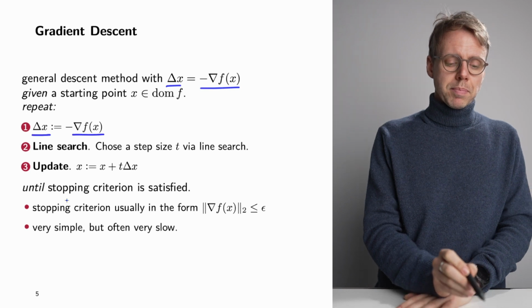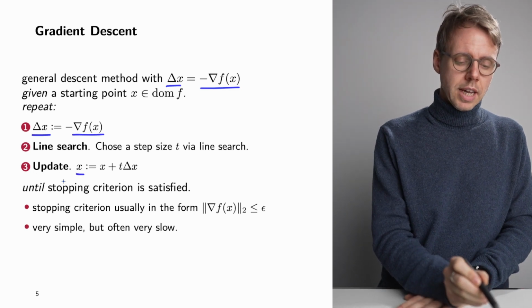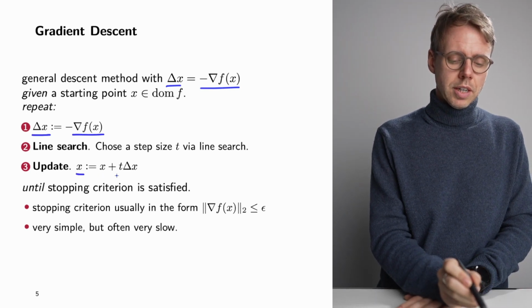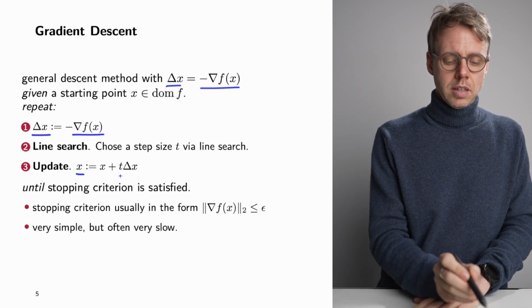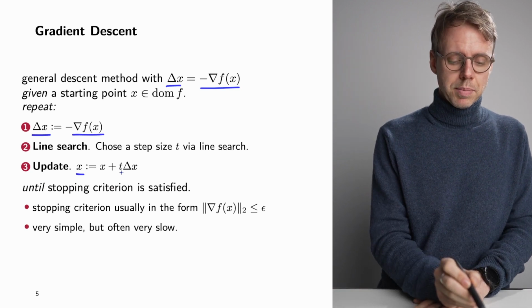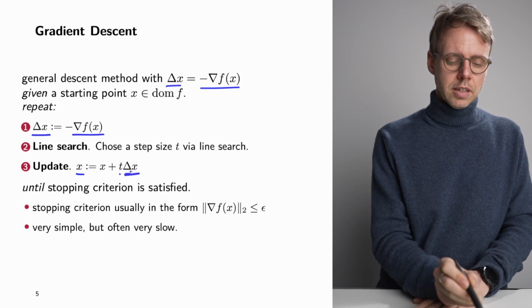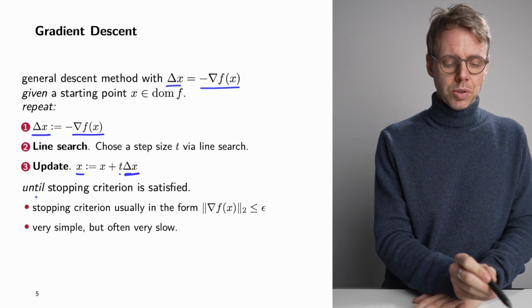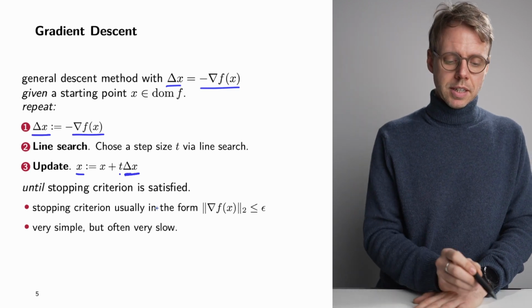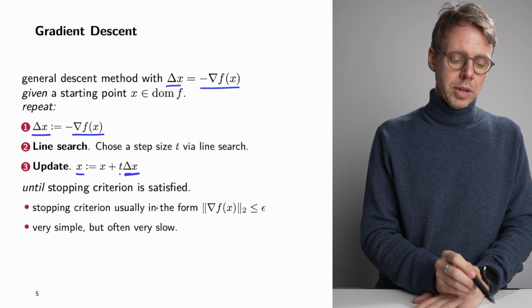And then you update. You set your next iterate to our current iterate plus your step size that you have determined via line search times your negative gradient.